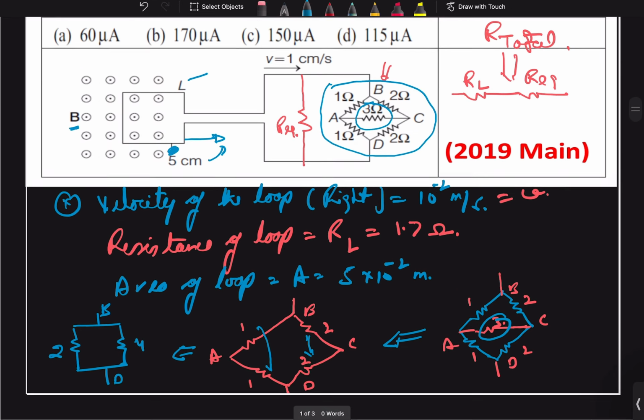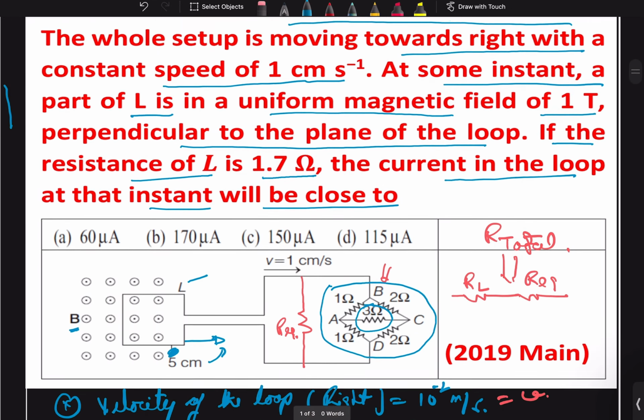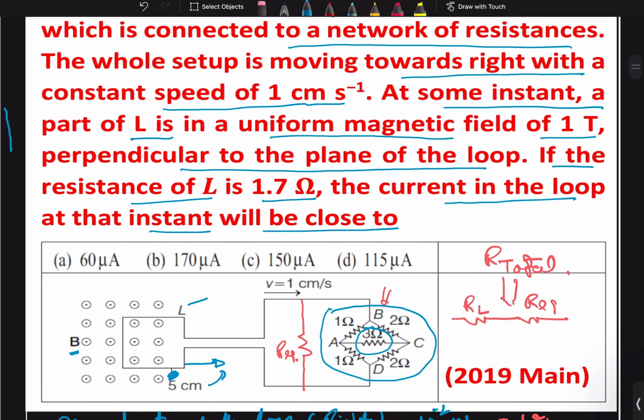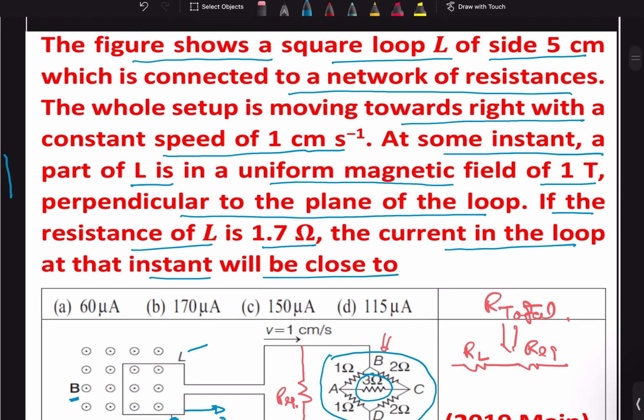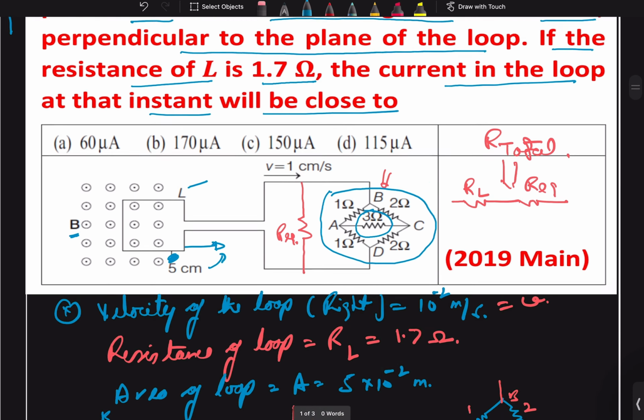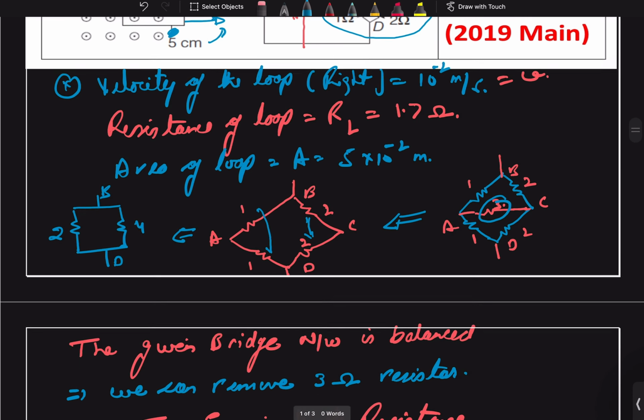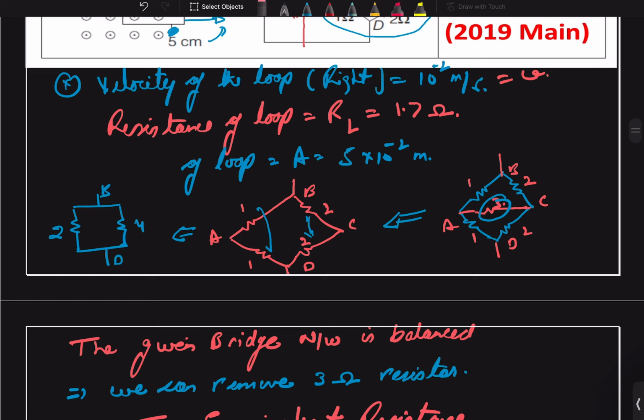One second, let me check one thing more. Side is given 1 centimeter, okay? So here it has to be side, not area. Side, and this we denote as small l.